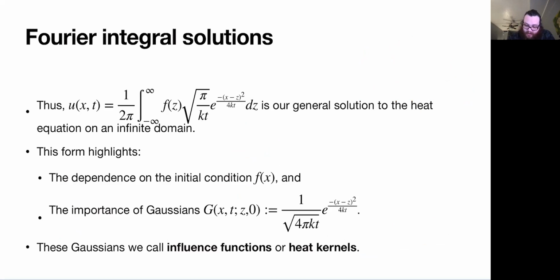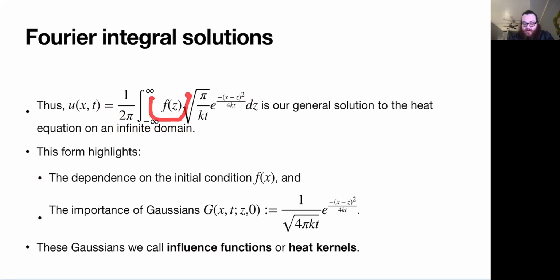So this is one way of representing our general solution to the heat equation on an infinite domain. The nice thing about this representation is, one, it highlights the dependence on the initial condition.